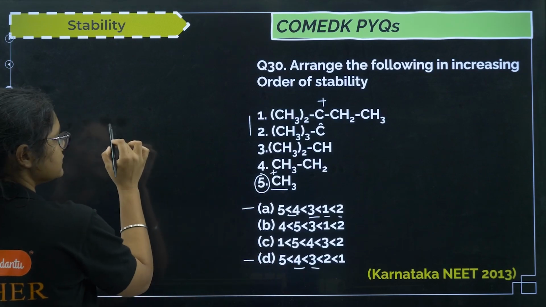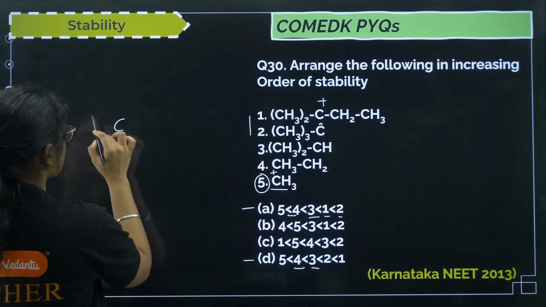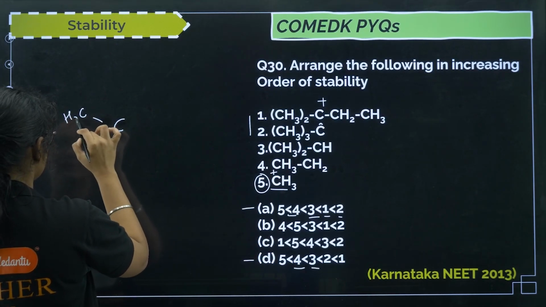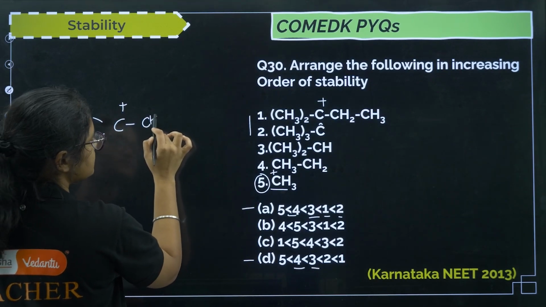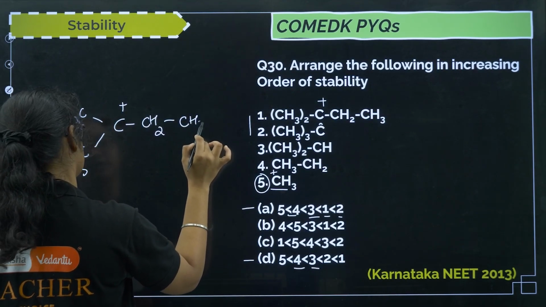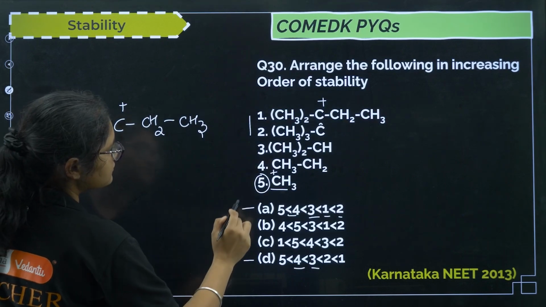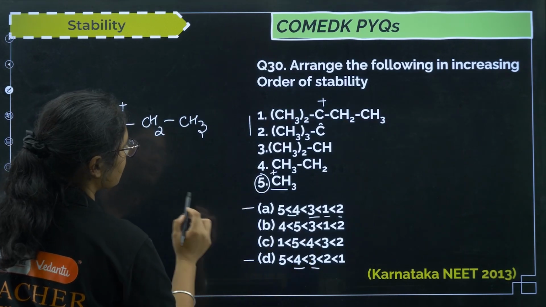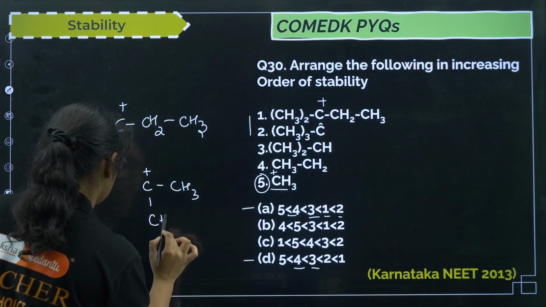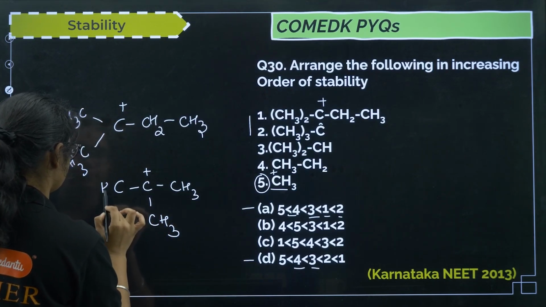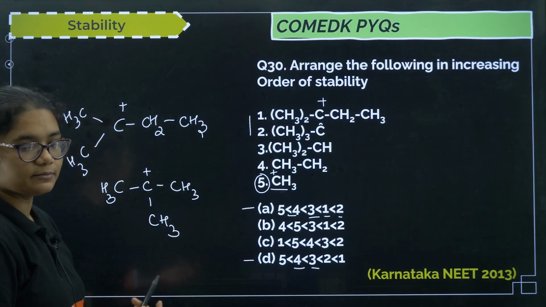So let us take the first one, that is C. You have 2 CH3 groups here, and you have a carbocation, you have a CH2 group and you have a CH3 group, okay? And the next one, your second one, is having CH3, okay.